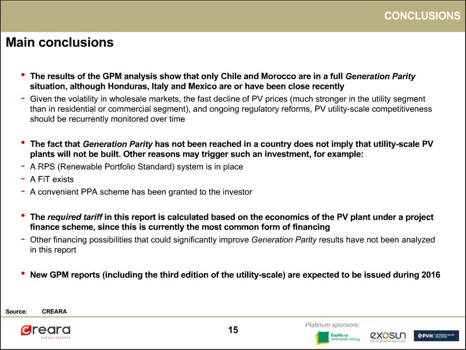Given the volatility of the wholesale market, the fast decline of the PV prices, we've seen that within the utility segment, the prices are actually decreasing a lot faster than in the residential and commercial segment, as well as the ongoing regulation reforms require constant reviews of the situation for PV installations in these countries. And so we think that this is something that should be reviewed within the next couple of years.